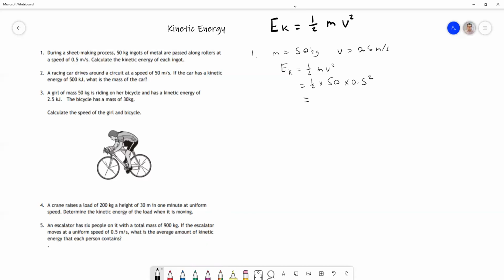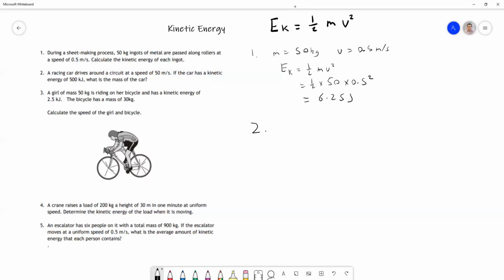It's always best to check with a calculator, even when the values aren't too complicated. Putting that into the calculator, we get an answer of 6.25. And remember, our units for energy in the standard form of the equation are joules. That's question 1.